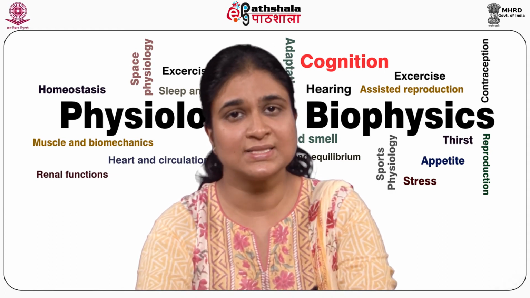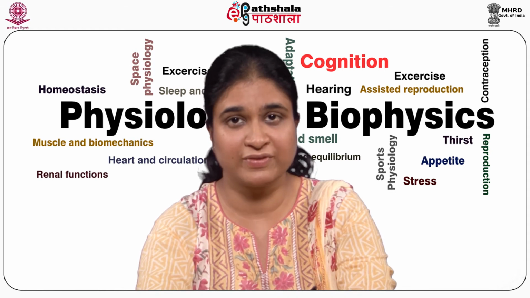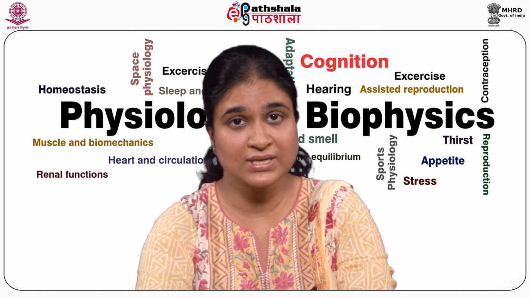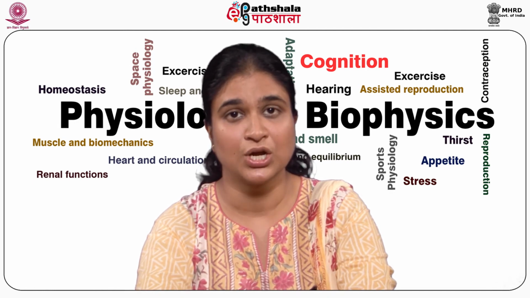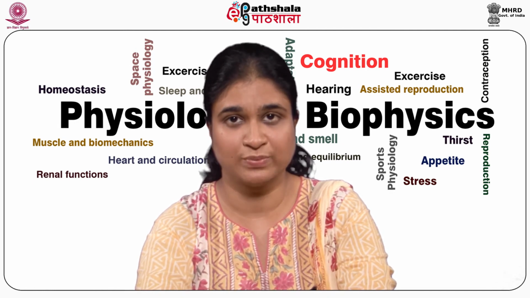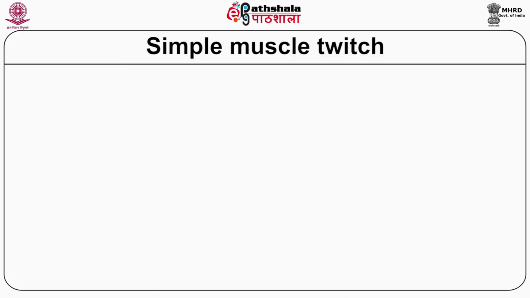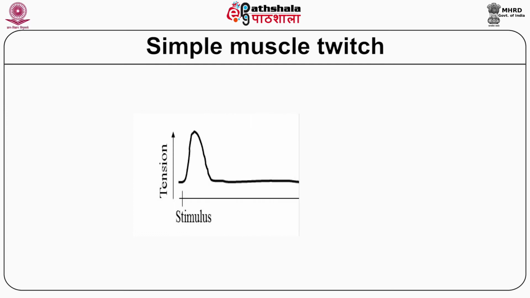To understand this better, let's look at this figure, which shows the contractile response of an isolated nerve-muscle preparation to a brief electrical stimulus applied to the nerve, and this is called a simple muscle twitch.